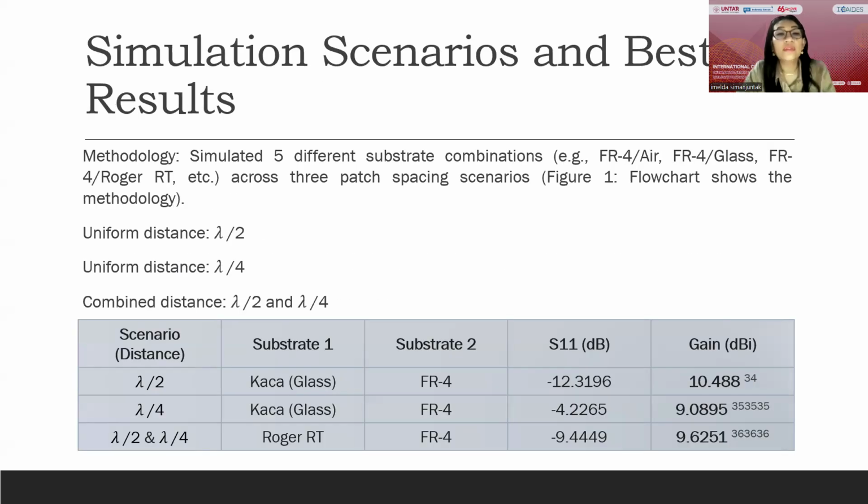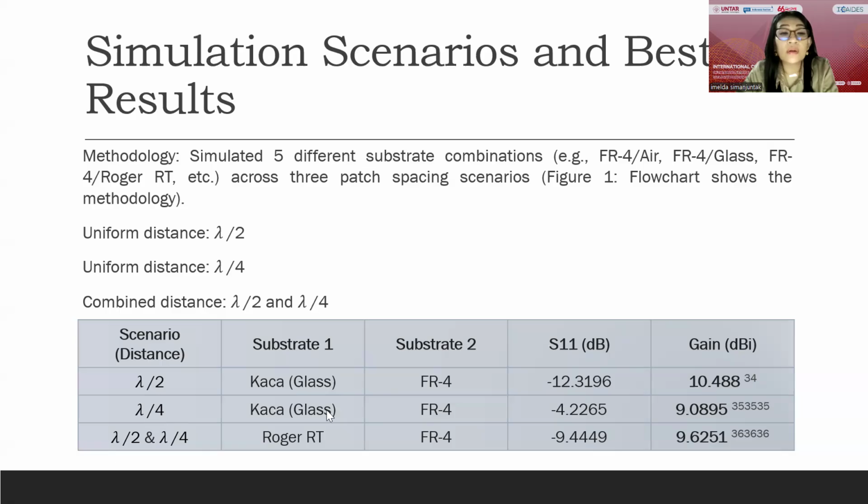After we used the simulation with three different scenarios, the first with substrates glass and FR4, the return loss we got is minus 12.3163 with a gain of 10 decibel.